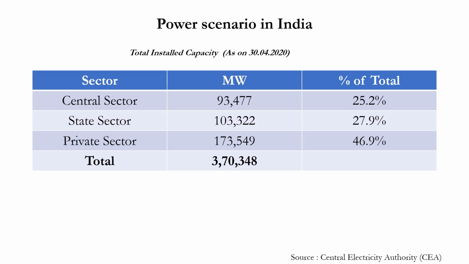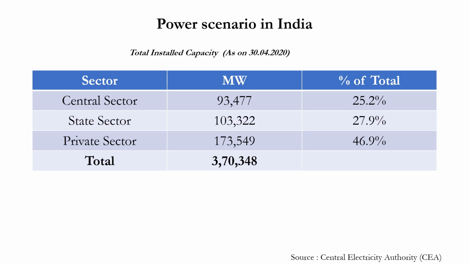The power scenario in India. Let us see what the total installed capacity is. From the central sector, the total power installed is 93,477 megawatts, which is about 25.2% of total power. From the state sector, it is about 1,03,322 megawatts.